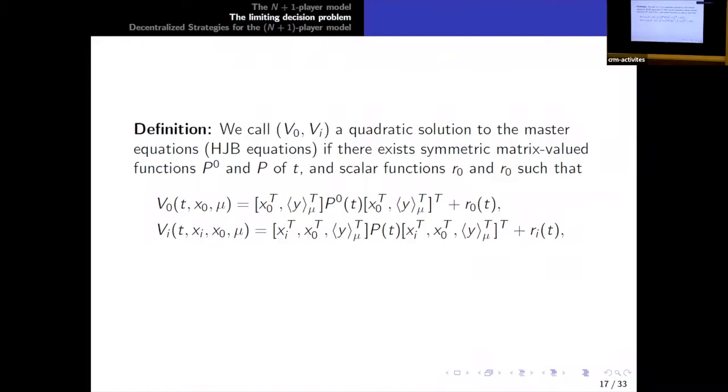There is a good reason for us to consider this kind of solution structure, because for the linear quadratic case, in the end, we guess only the first moment of the mean field will play a role in the control law. That's why we restrict to this class of solutions.